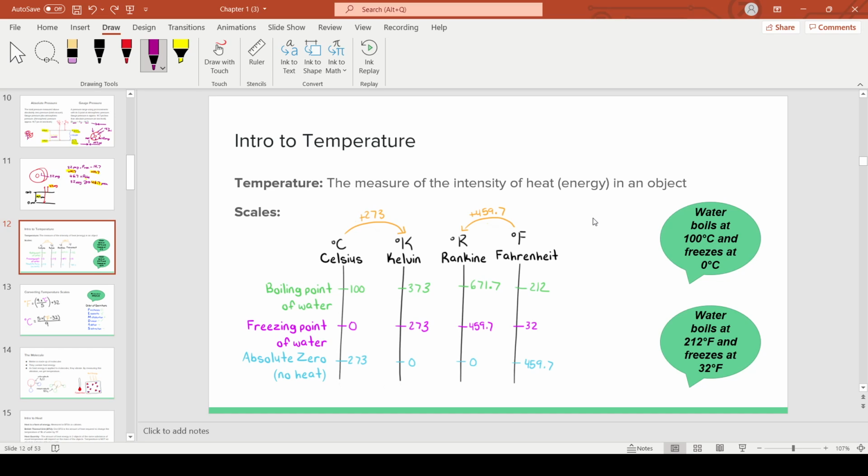And this will make a little bit more sense when we move on with the lesson, but just know that temperature is the measure of the intensity of heat in an object, not the total heat quantity, right? You can remember this by thinking that heat content is relative to size, right?